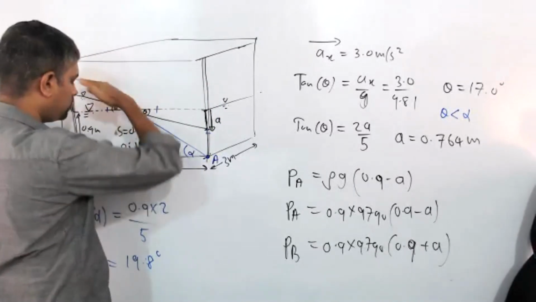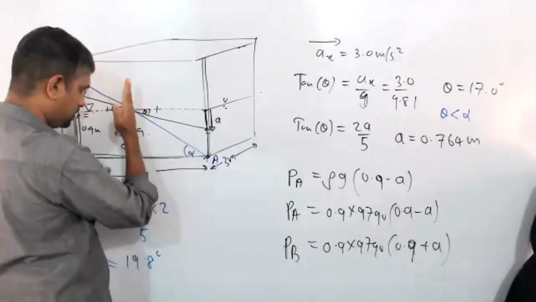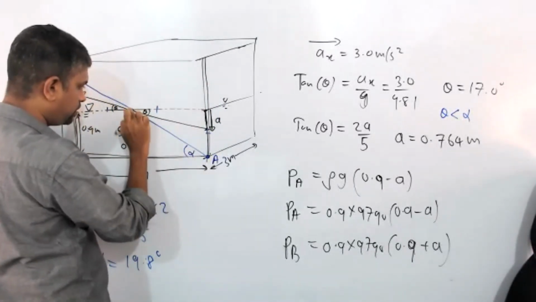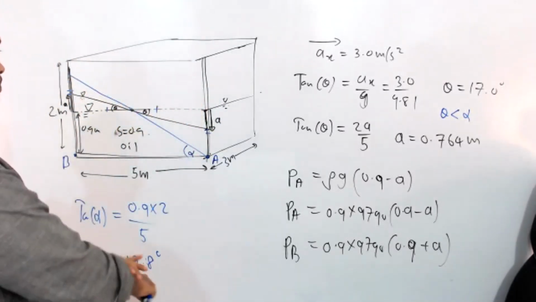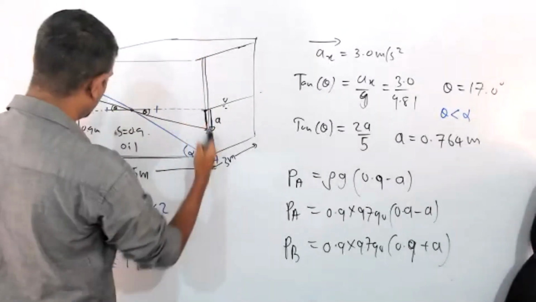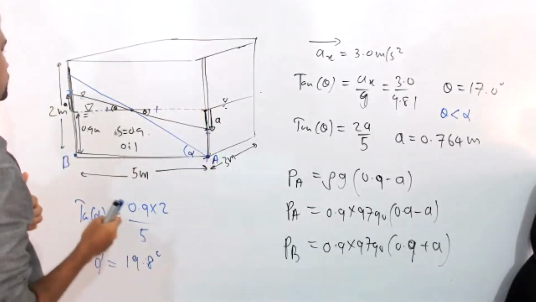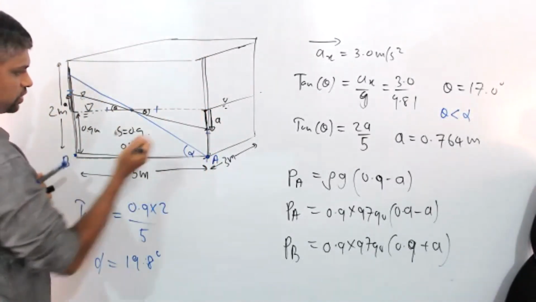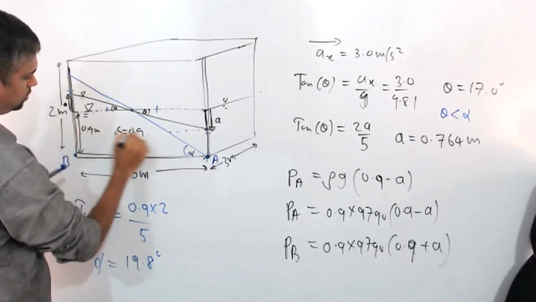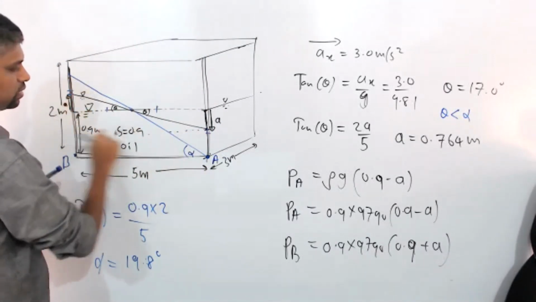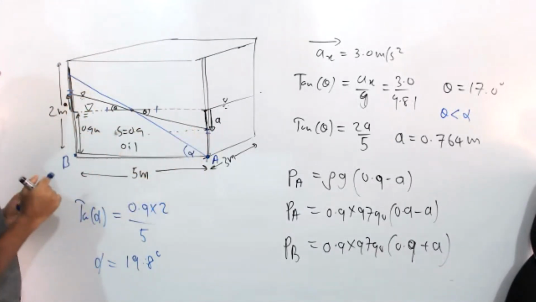Therefore, this inclined surface always passes through the midpoint of the original free surface. If you want, you can complete a triangle here. It's 2A over 5.